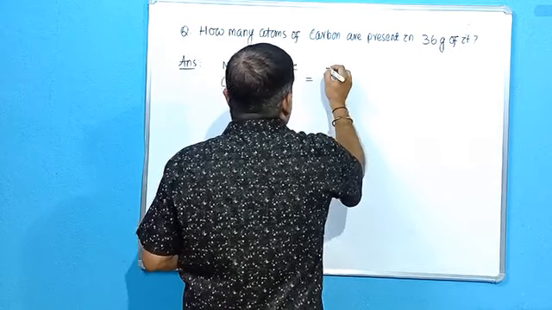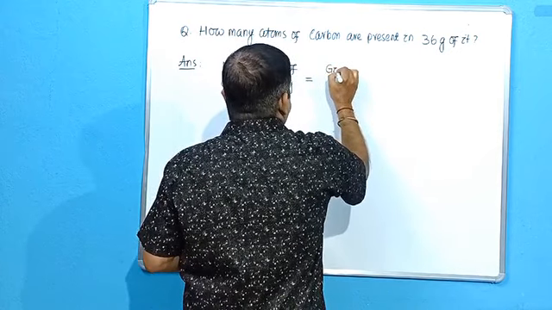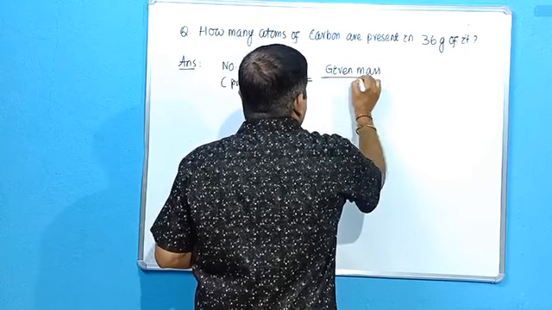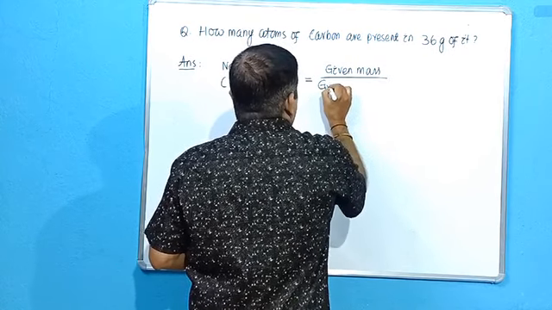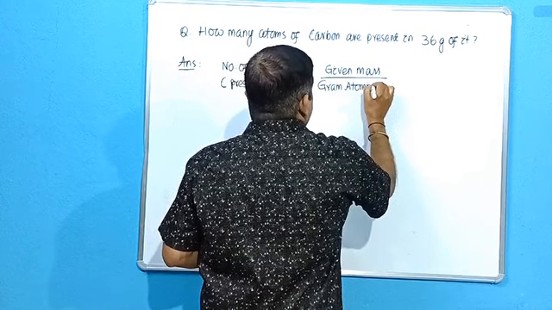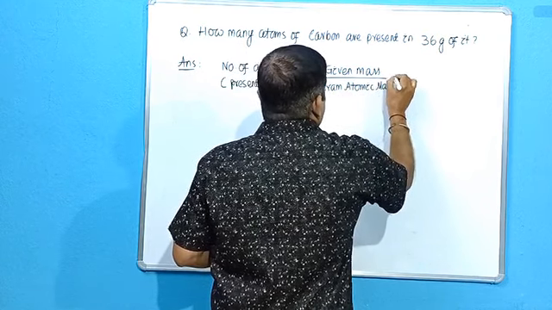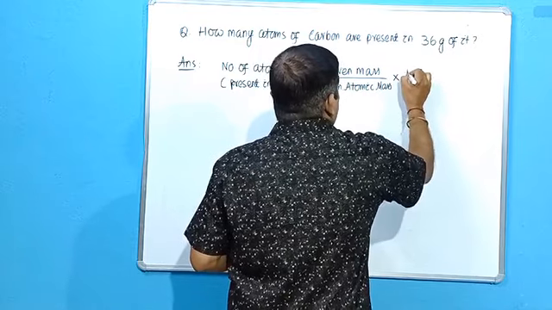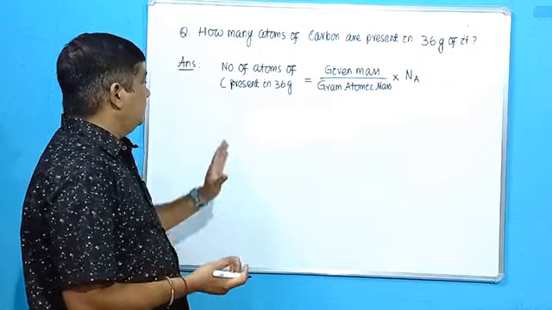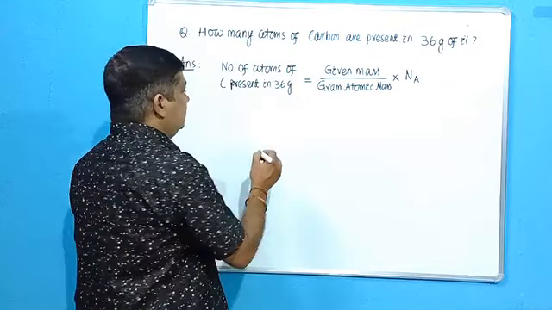How to find the number of moles? Given mass divided by gram atomic mass, into Avogadro's number Na. This will give you the number of atoms present in 36 gram.